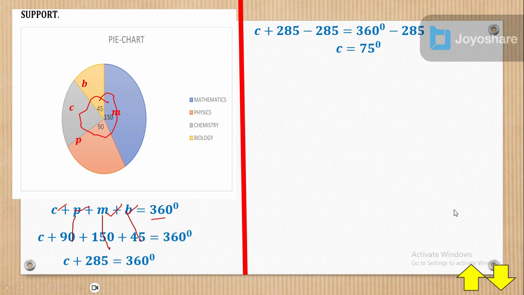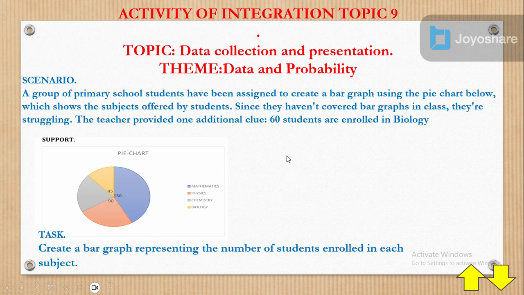But the clue was like this. In the question they said the teacher provided one additional clue: 60 students were enrolled in biology.